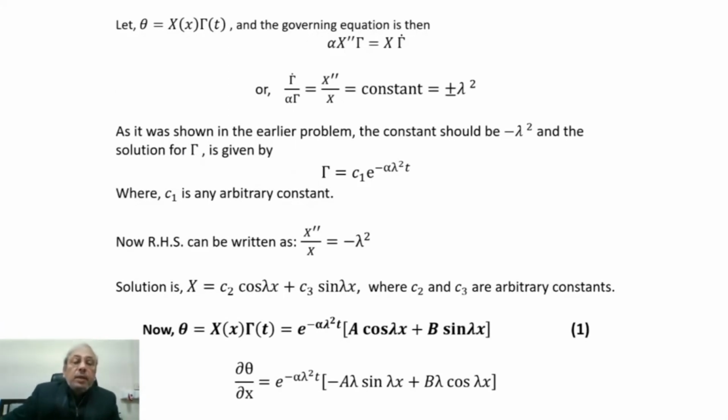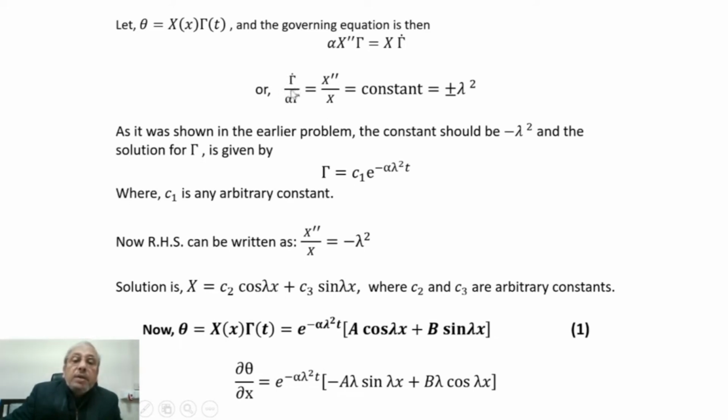Again we apply the separation of variables technique, and the solution is a product of two functions. One is dependent only on x, another is dependent only on time. Then the governing equation may be rewritten as alpha X double prime gamma equals X into gamma dot, where gamma dot is the derivative of gamma with respect to t, the time dependent part of the temperature.